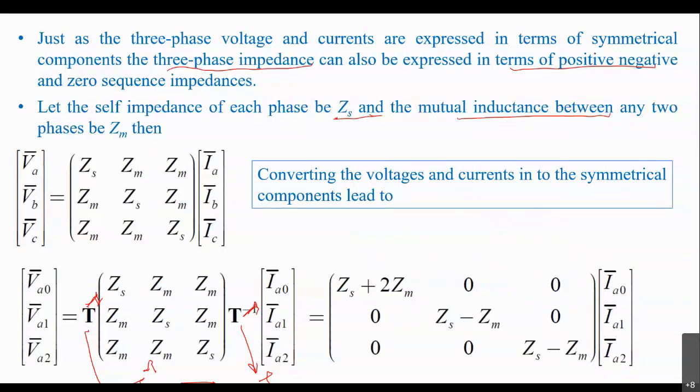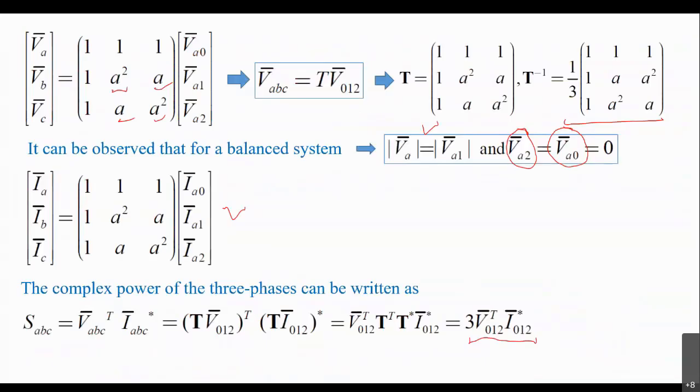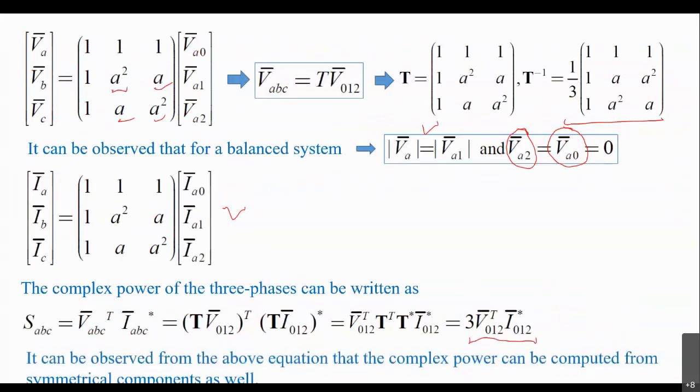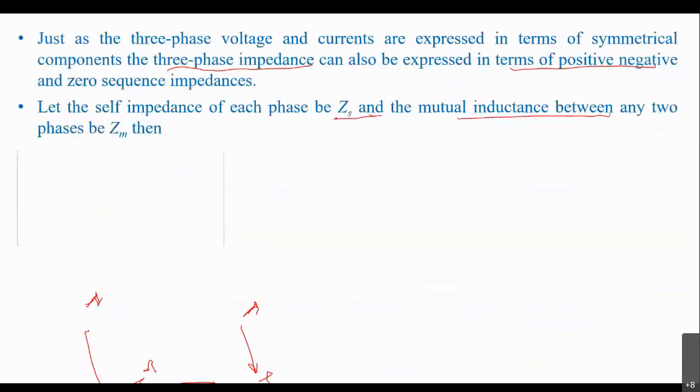Yes, sir. I think it will be T into T inverse, then IA0, IA1, IA2. The equation is correct, sir. No, no. VA, VB, VC is nothing but T of V0, V1 and V2, right?